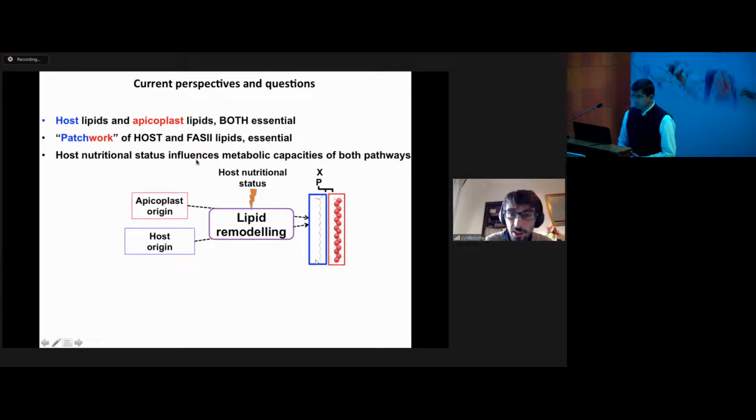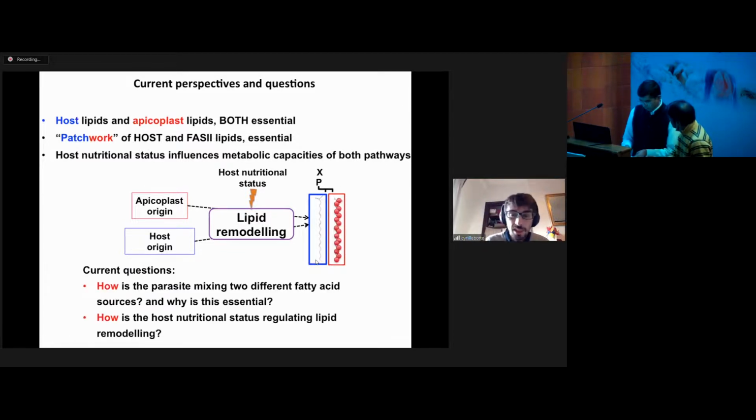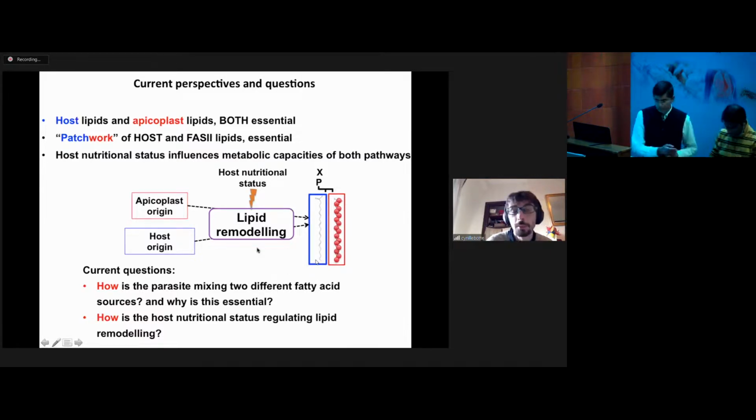But we also saw that the host nutritional status has a direct influence on how each of these pathways works and helps the parasite acquire lipid and remodel to maintain the lipid homeostasis in the parasite. The current question is, how is the parasite mixing these different fatty acid sources to make this patchwork of lipids? So basically, what are the enzymes involved in this?